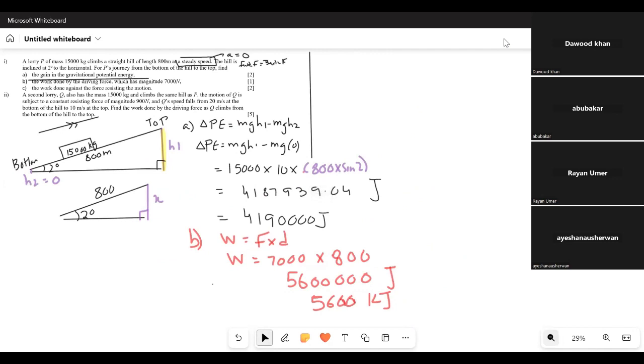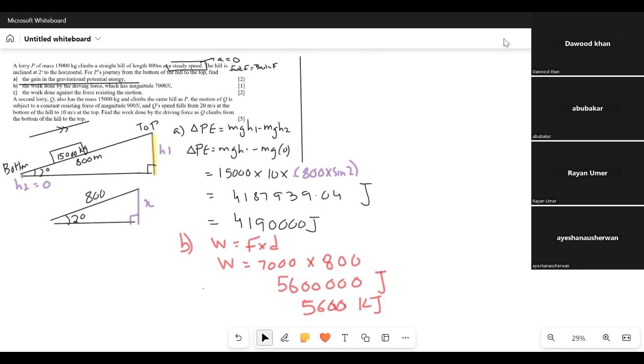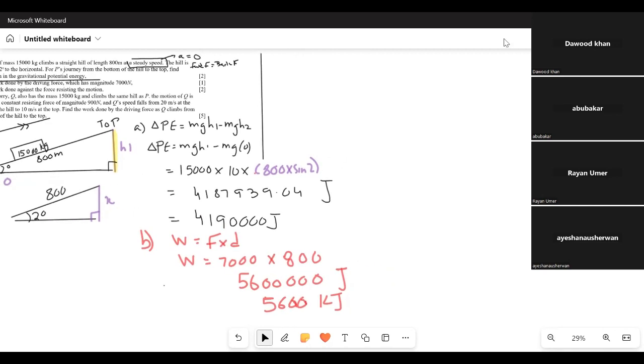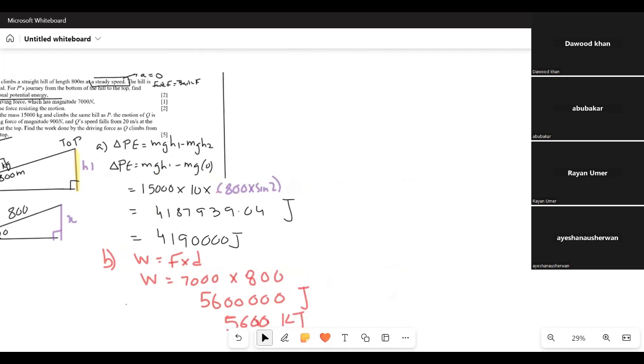Then it says part C, work done against the force resisting the motion. Okay. Now we have to find work done by the resisting force. The resisting force is not given in the question. So what we will do is use the other formula that I had you write at the end, and almost in every question of this type you'll be using this formula.